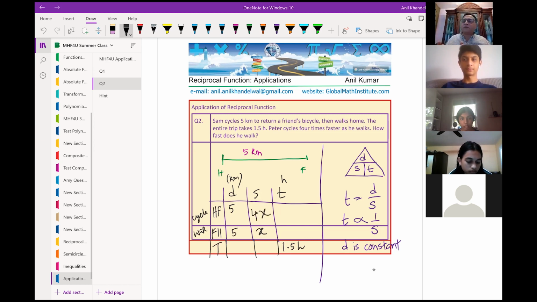Try to see how we are easily making the equation. Time going one way by cycle will be 5 over 4x, and to return the same distance is 5 over x. Is that clear to you?